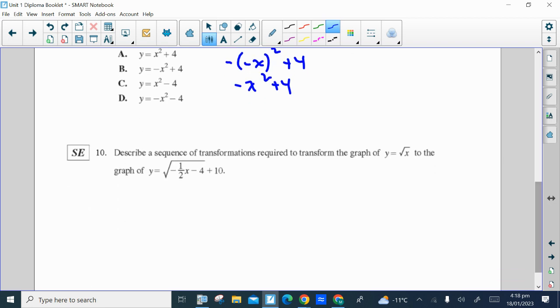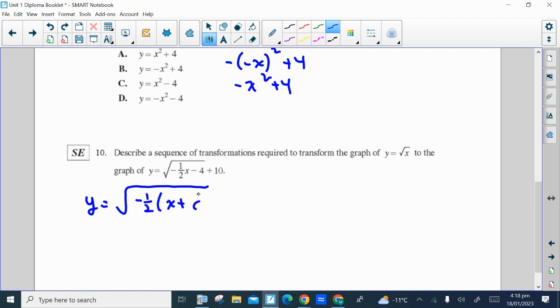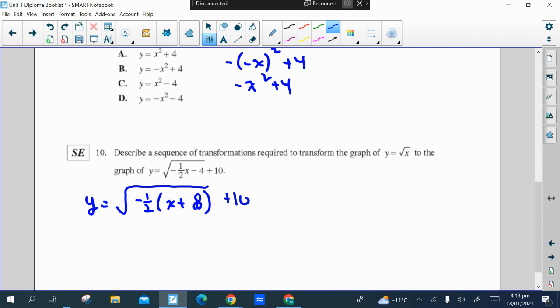Describe a sequence of transformations to transform from the graph of y equals the root of x to that equation. This is a standard of excellence question, and part of it is because you have to remember to take the b value out as a common factor to get the correct h value. So when you divide both terms by negative a half, that minus 4 becomes a positive 8.